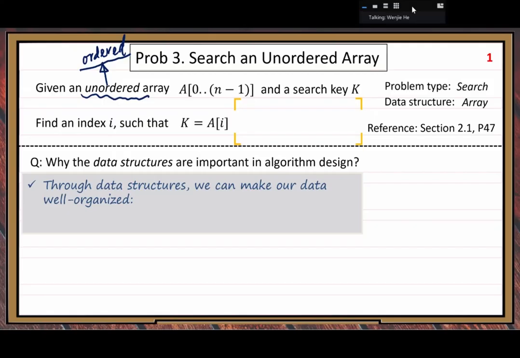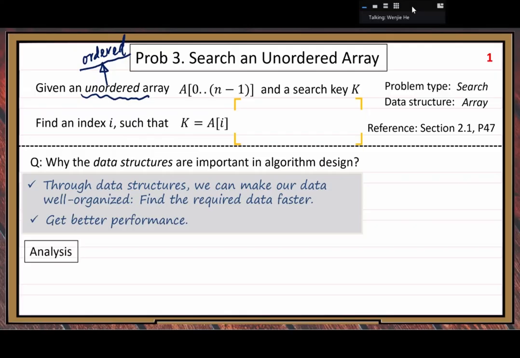So here we do the search on an unordered array. We can only use this technique, which we call sequential search or linear search. So the benefit you can see easily.